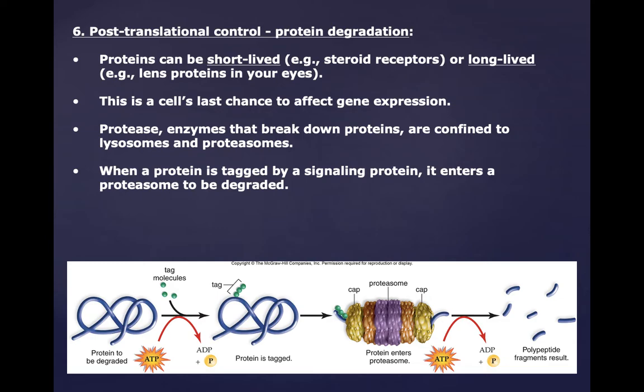Okay, so let's now finish this lecture by discussing the last mechanism. We know that not all proteins are expected to survive for a long time. There are long-lived and there are short-lived proteins. If you look at the central dogma, this is the last stage at which the eukaryotic cell can influence some level of regulation to how genes will be expressed.